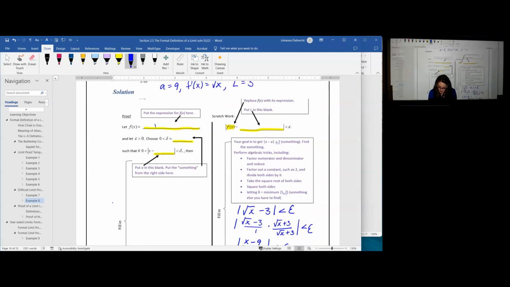Let my function f of x be the square root of x, and let epsilon be greater than 0.